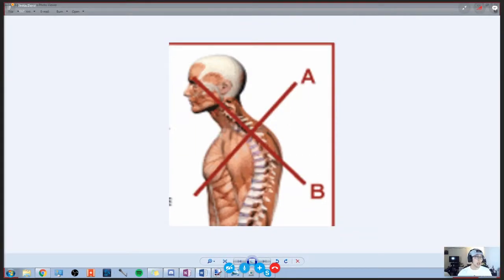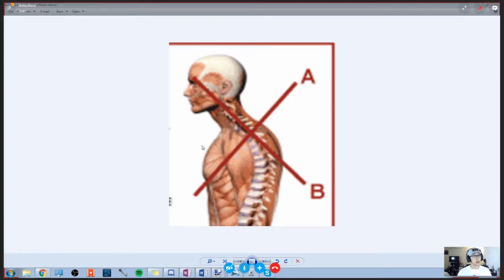So there's two lines. One is line A, two is line B. Line A represents the most commonly stiff and tight muscles, which tend to develop with prolonged sitting, which is what we love to do when we play. They are muscles like our upper trap, which is over here, and our levator scap, another muscle over here, and things like our pecs.